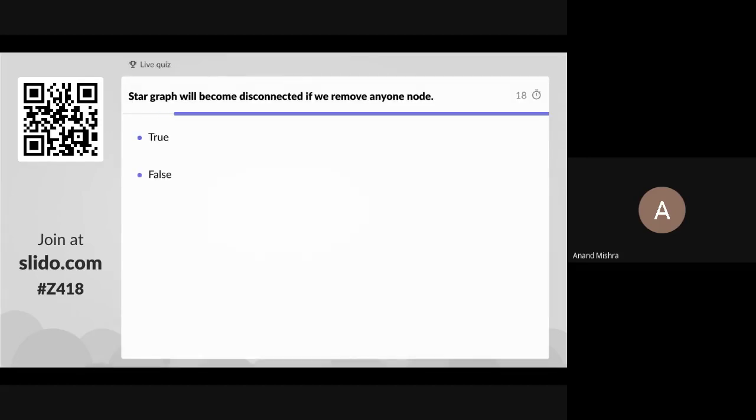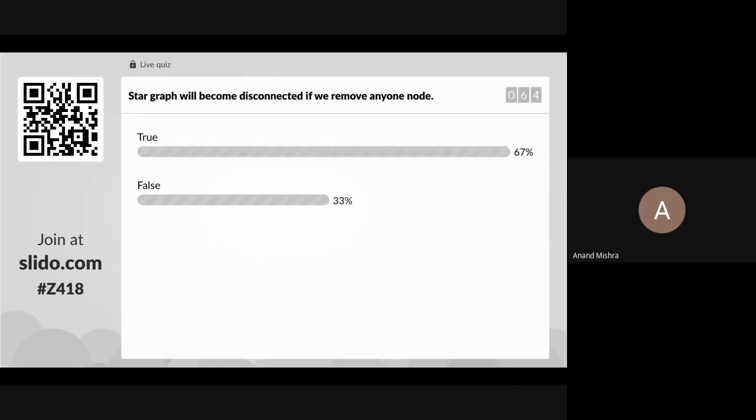The star graph will become disconnected if we remove any one node. Any one node. If you remove any one node, it will become disconnected. Maybe the interpretation is wrong, but if you just remove the center node, then it will become disconnected, right?